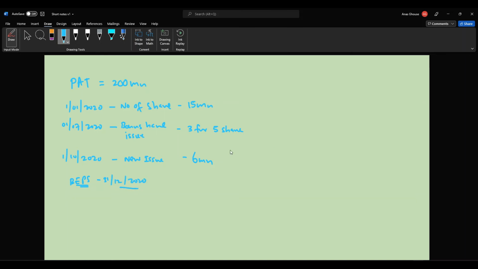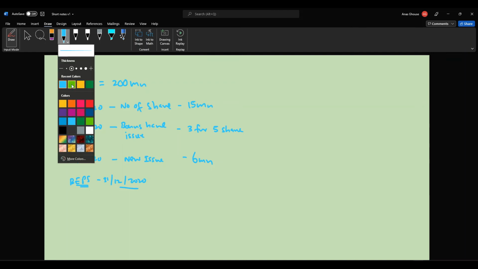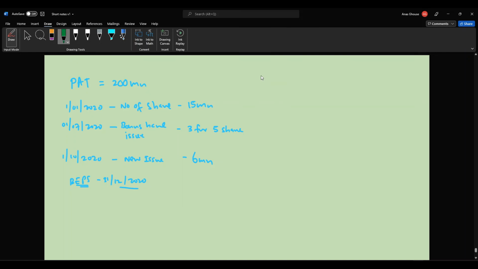First of all, let's calculate the weighted average number of shares. How do you calculate?